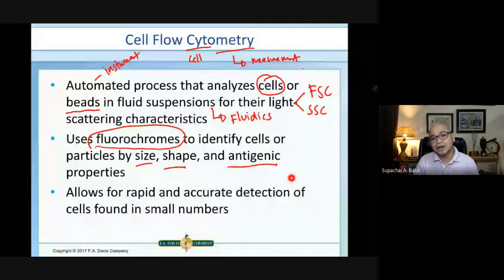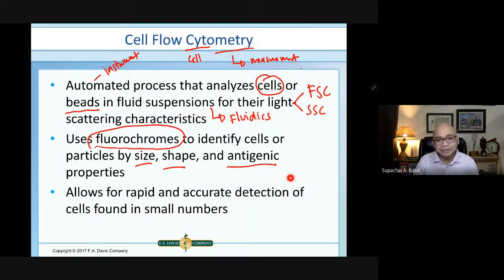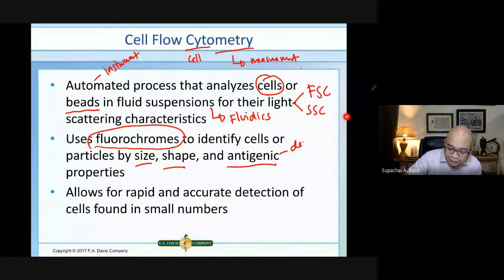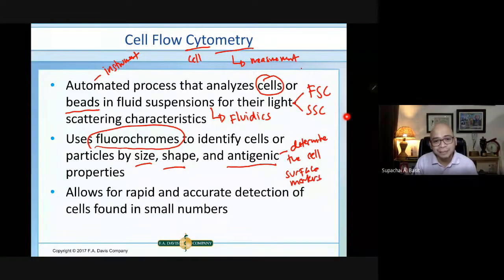When you say antigenic properties, it means that we can determine the cell surface markers. What are examples of cell surface markers?